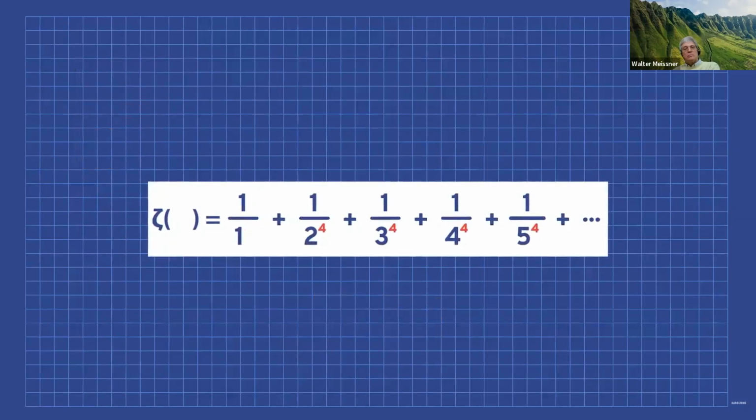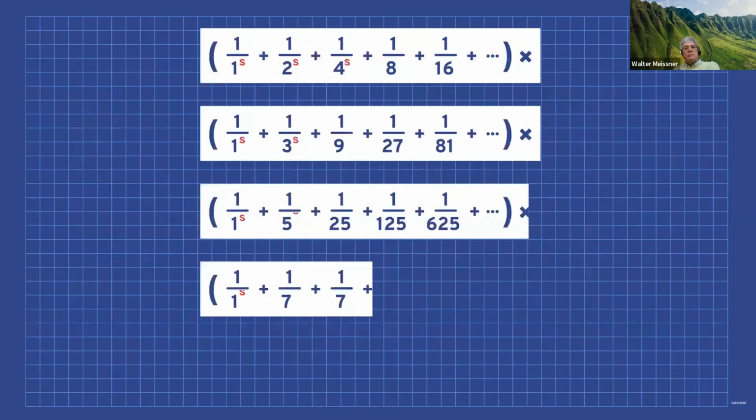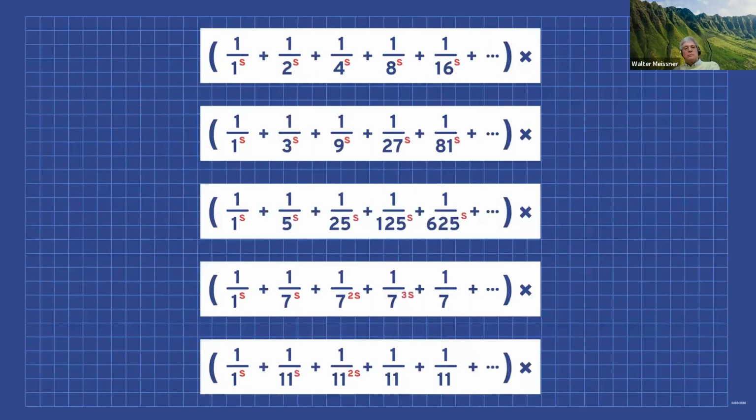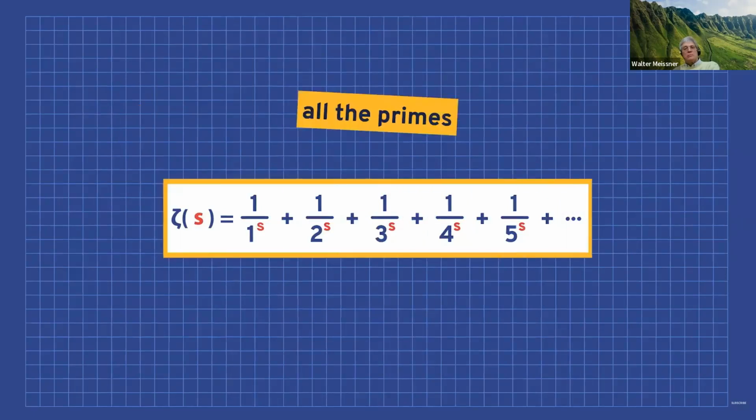But here's where things got really interesting. Euler discovered that the zeta function could be expressed as an infinite product, one for each prime number, of an infinite series. Here's what you do. For each prime number, you add up 1 over all the powers of that prime to the s. If you multiply all those series over all the prime numbers, you get the zeta function.